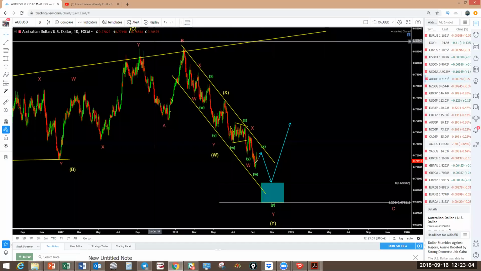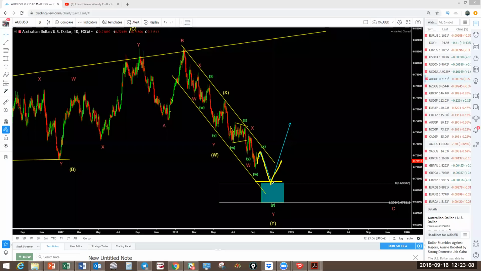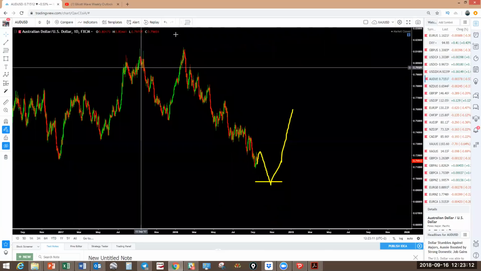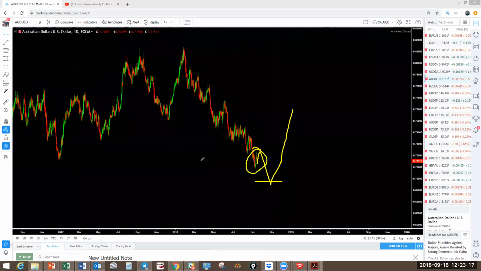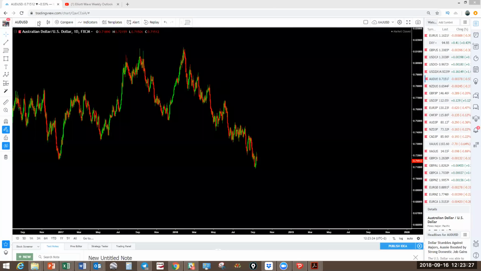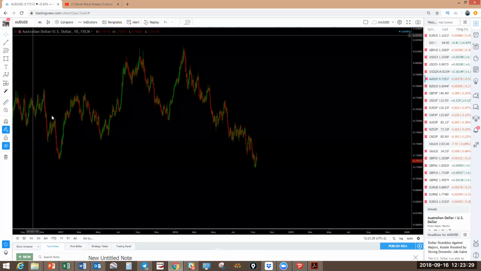One more down before we call this sequence to the downside complete. Okay, so let's just switch off that. So I'm going to look at this corrective structure here in the lower degree, because we just need to see how this is going to end so that we can come back down, and then we're going to be out of this corrective structure. That sequence to the downside will be complete. So this is how the 4-hour looks.